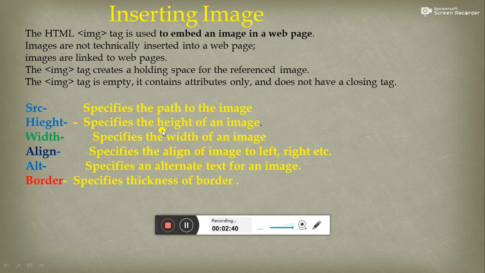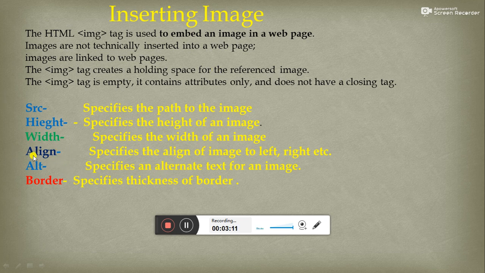The height attribute specifies the height of an image. Now the width attribute of the image tag specifies the width of an image. Height specifies the height and width specifies the width of an image.